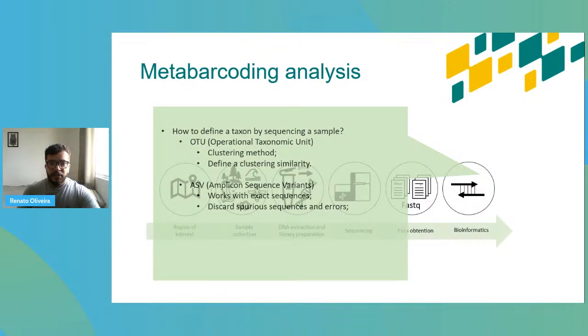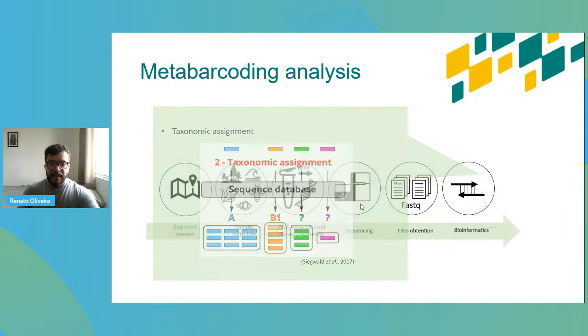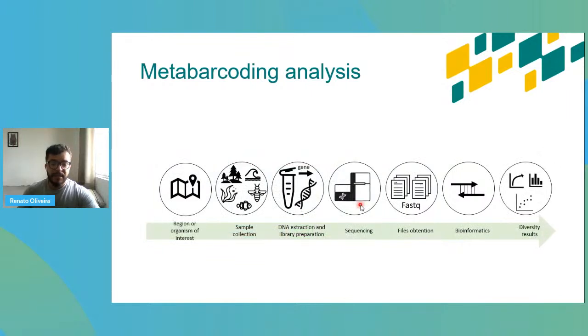Once we have these OTUs and ASVs defined, we can assign a taxon to each one of them by using a reference database. With this information, we can have at the end some diversity results, such as alpha and beta diversity information.